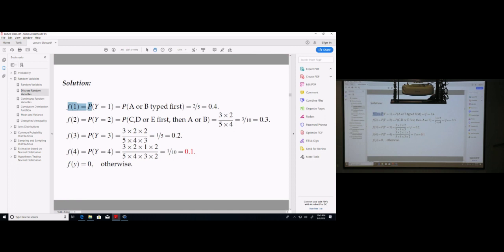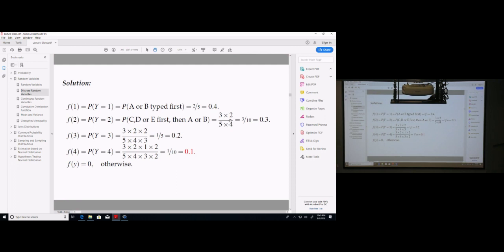Probability of Y equal to 1 means that you will be able to choose A or B first, which is 2 out of 5, and so this accounts for 40%. Y equal to 2 means that the first one you type happens to be chosen from C, D, or E, and then the second one you have to choose either A or B. The number of ways of choosing 2 people in random order would be 5 times 4.